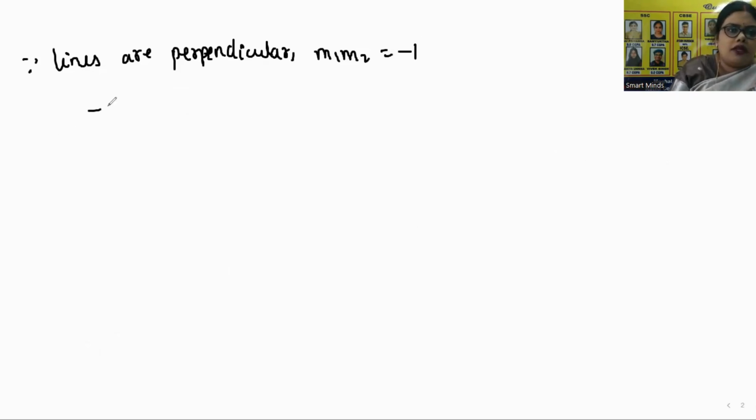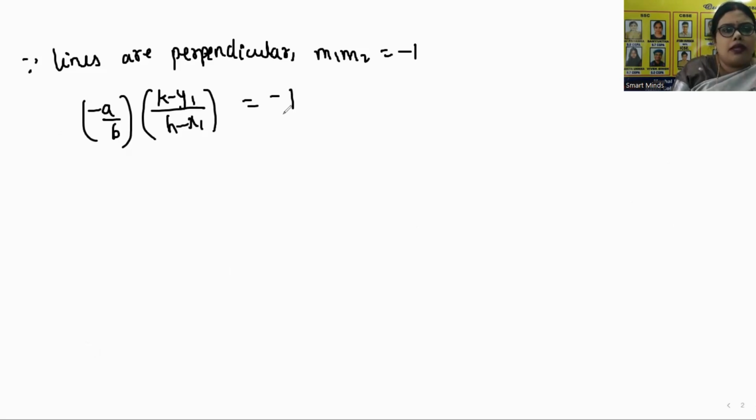So m1 is -a/b and m2 is (k - y1)/(h - x1), equal to -1. Minus minus cancel. We take a/(h - x1) to the other side. So we get (h - x1)/a = (k - y1)/b.